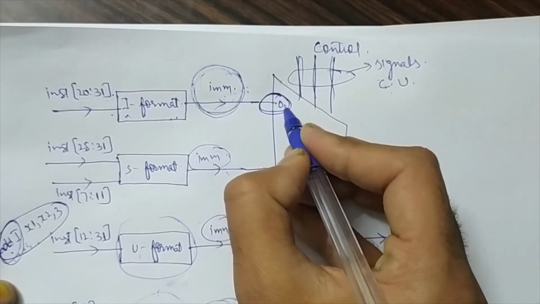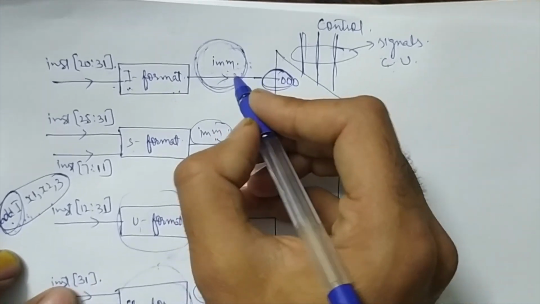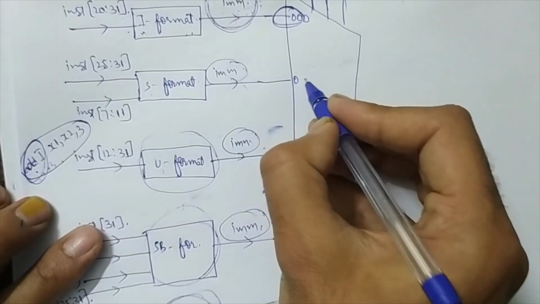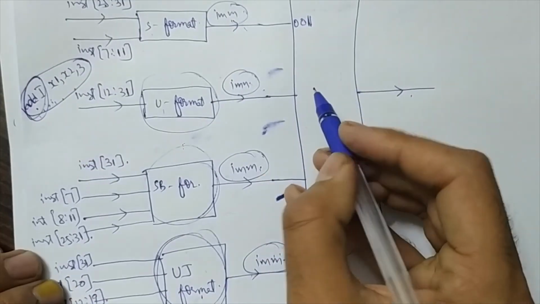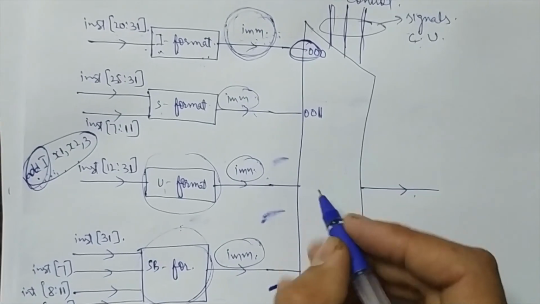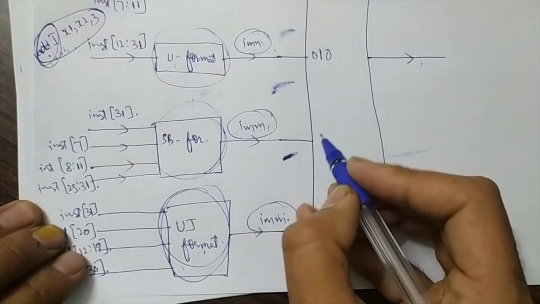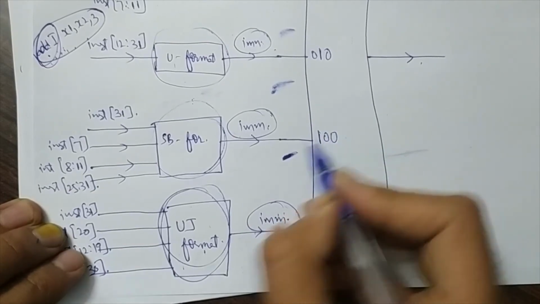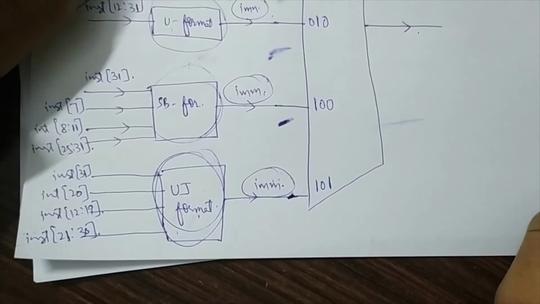Let's suppose the three control signals are 0, 0, 0: it will choose the I format immediate. If the control signals are 0, 0, 1, it will choose S format. If 0, 1, 0, it will choose U format. If 1, 0, 0, it will choose SB format. If 1, 0, 1, it will choose UJ format.